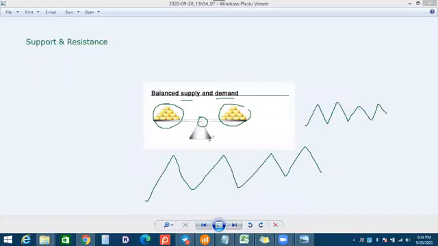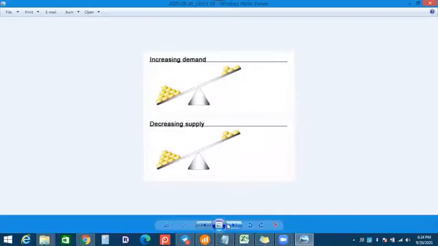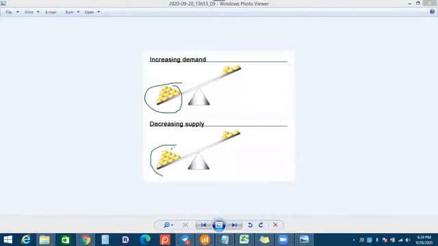In the next picture you see here, the demand is more than the supply. It shows the direction. Here there is very little supply, but the demand is more than the supply. The buyers want to buy, but the sellers are not available in the market. They don't want to sell.